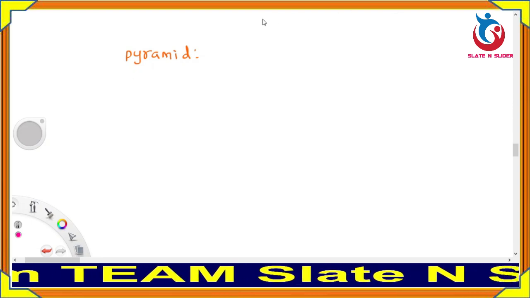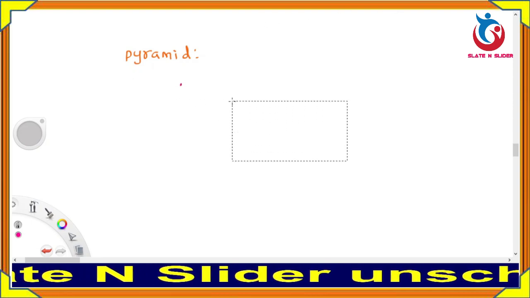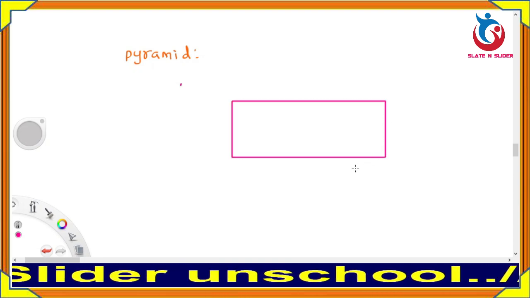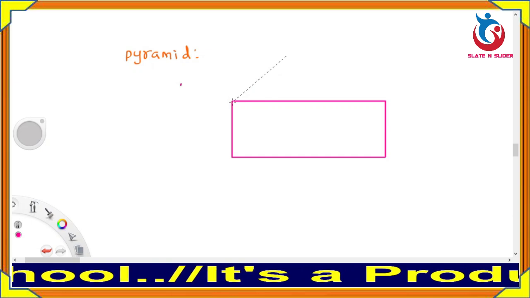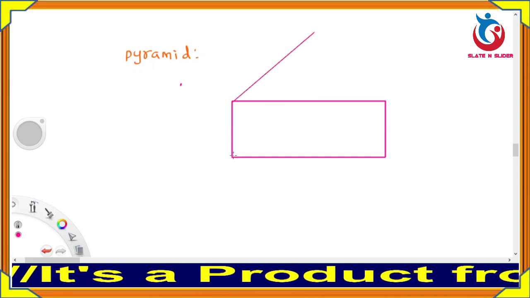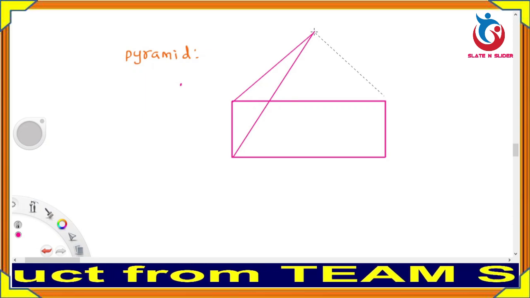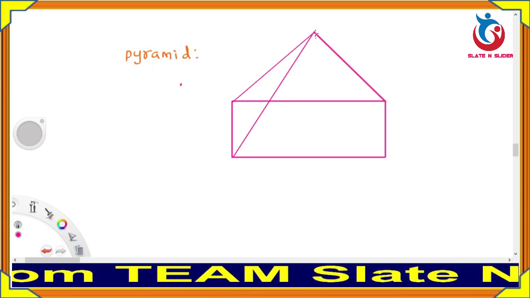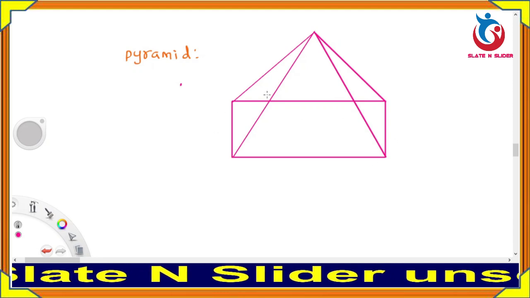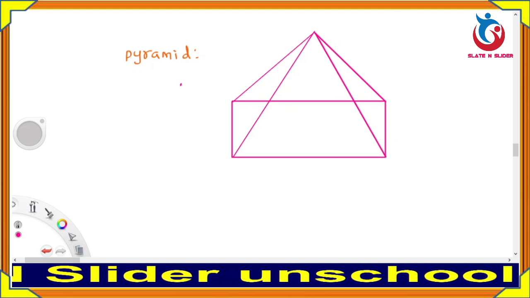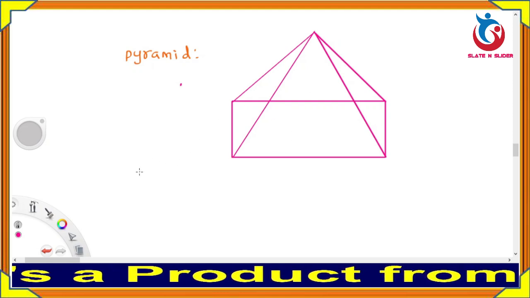Let us take a rectangle, and I would like to join all the lateral faces to a point. So, it has 4 lateral faces, but it has no top, that is why this is called the pyramid. So, pyramid has a lateral surface.